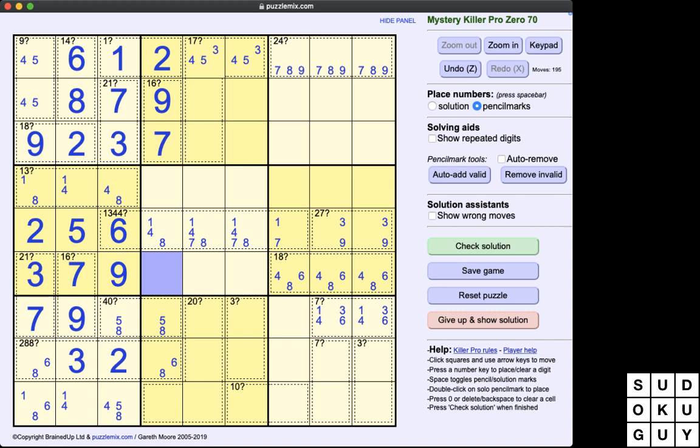So what's left in this row? 1, 2, and 5. 2 can't go here. Okay, 1 can't go in any of these. 1 has to go in this remaining spot. And what's left in this box? 2, 5, 7? That looks right. And then remaining in this row is 3, 6, and 9.